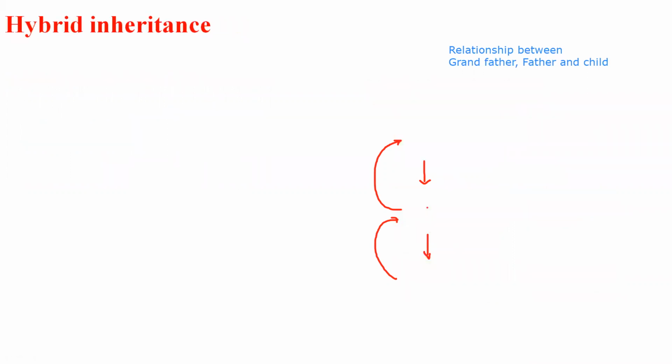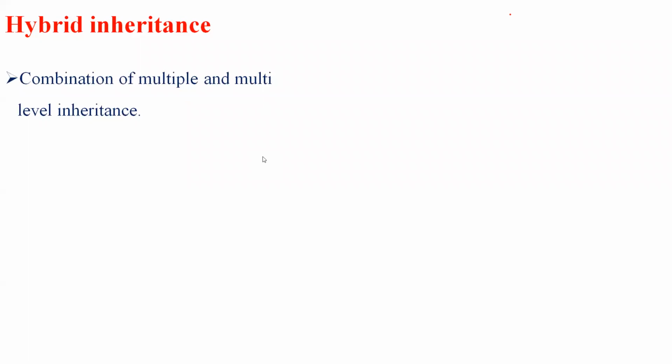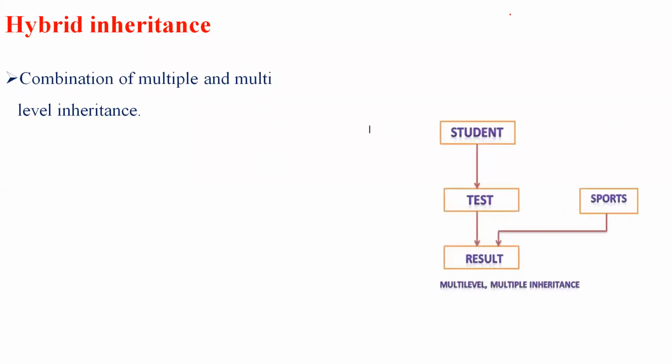Next we have hybrid inheritance. Hybrid inheritance is a combination of both multi-level as well as multiple inheritance. Here in this example, the student result will entirely depend on the academics as well as the co-curriculum, that is sports or extracurricular activities.